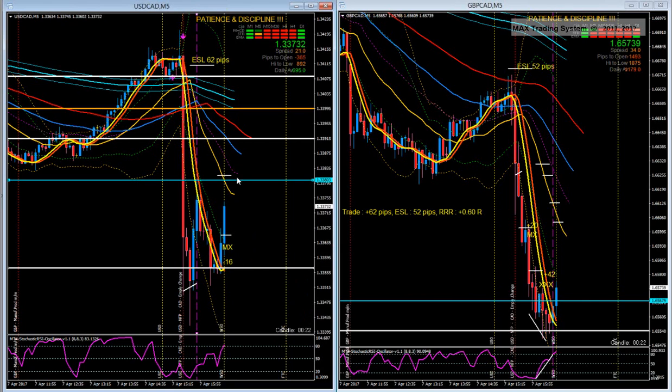And so let's see if the price will reach the invalidation area here or not.